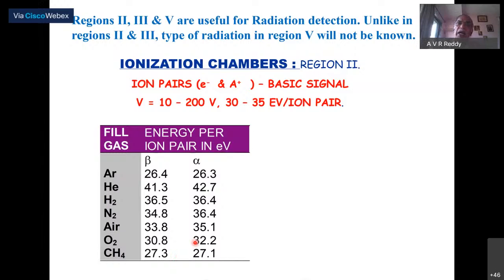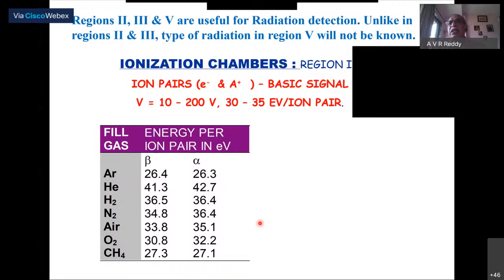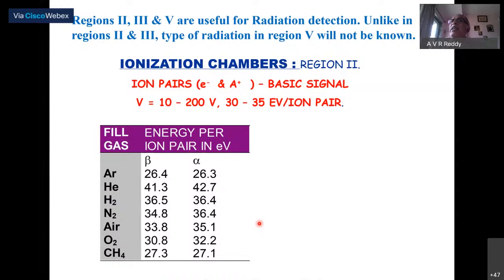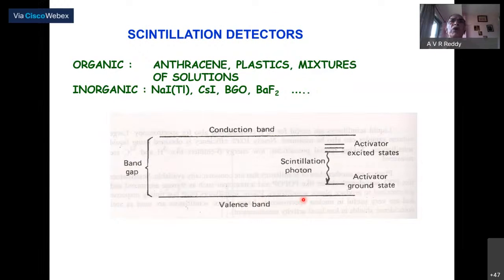Okay, these are the ionization chamber detector materials. Normally, ionization chambers are used to measure high dose radiation samples. And in some cases, they are used for spectrometric work. We leave that there, and the other two detector types you have to read for yourself. Just to give an idea, I gave the ionization chamber.